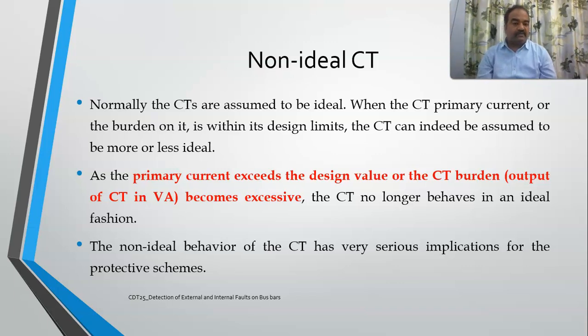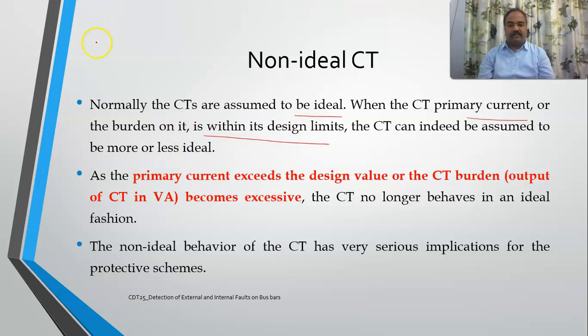Now, what happens when there is a non-ideal CT present there? Normally, during selection of the CTs, when we are designing a system, we feel that those are ideal ones, right? So normally all the CTs are assumed to be ideal, and when the CT primary currents or the burden on it are within the limits, the CT will behave like an ideal one.